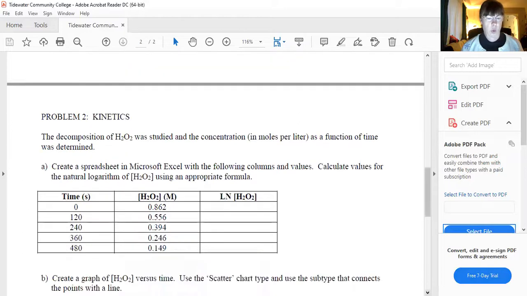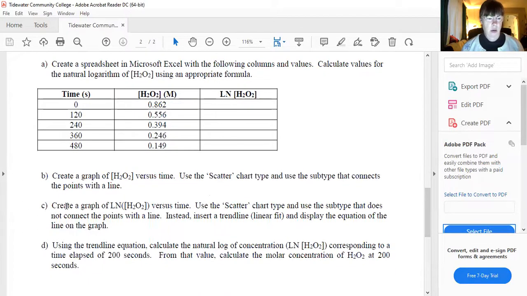For the second graph, I'm going to swap back over to the other part here. Once you are doing the next line, see here where it says create natural log of H2O2 versus time. So you are graphing the third column versus the first column.